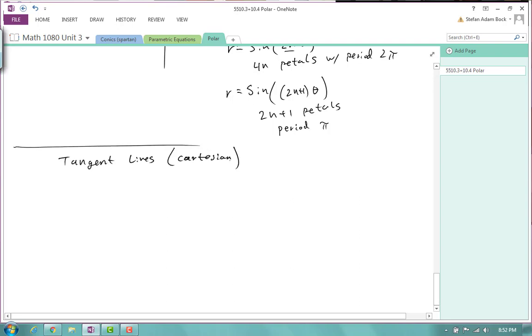But I should make the remark that even though I'm finding a tangent line, which has a slope in the Cartesian sense, this is not going to represent the derivative in the polar coordinates. This will have a rate of change, and it will be a rate of change of the radius based on the theta, but this isn't going to match up exactly with the slope of a line that I'm about to calculate.